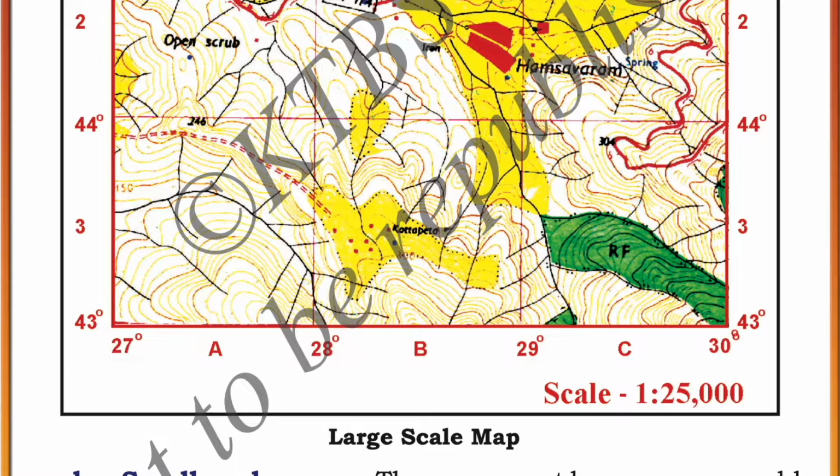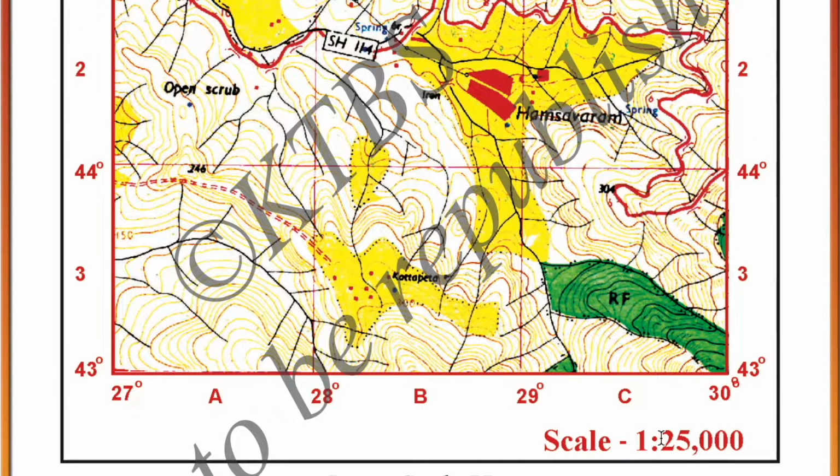What this is referring to is 1 unit on our map represents 25,000 such units in the real world. This unit is usually in centimeters, and what this map is saying is 1 centimeter on the map corresponds to 25,000 centimeters in the real world.